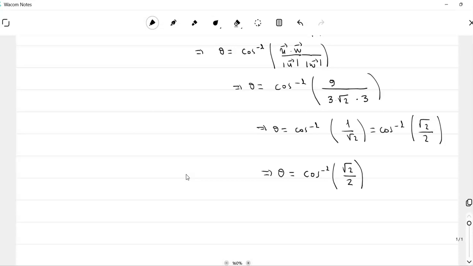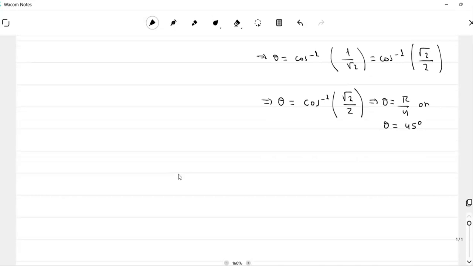Now we have to think which angle, if I take a cos of the angle, gives me square root of 2 over 2. So from here, theta is pi over 4 or 45 degrees.